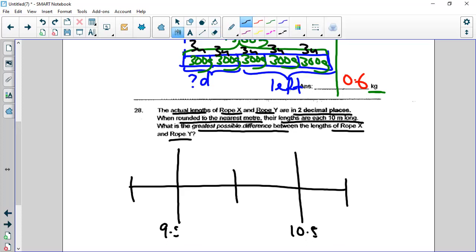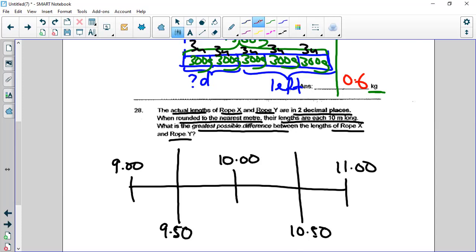Let me put this one, 9.5. So this is 10. When you round to the nearest meter, their lengths are each 10 meters. So let's put 10.00, this is 9.00, this will be 11.00. What's in the middle? The middle will be 9.50 and 10.50. Yeah, so we got something like that.